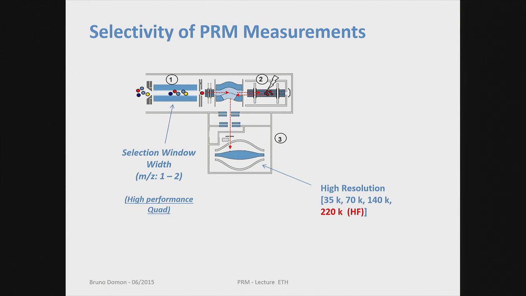It's one way you can tune your selectivity, but also with the latest generation of instrument, the quadrupole is actually very performing, and you can work with different isolation windows. The default initially was 2 m/z, which was relatively broad. Now we can go to 1 or half m/z, and actually that helps as well in getting better selectivity.